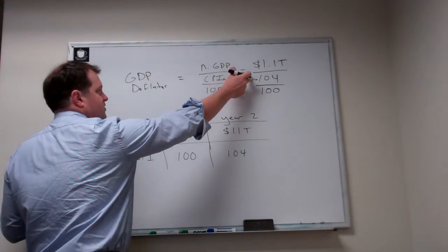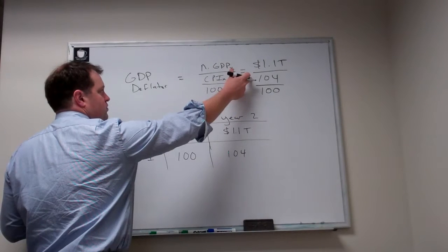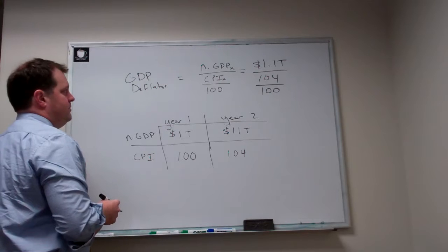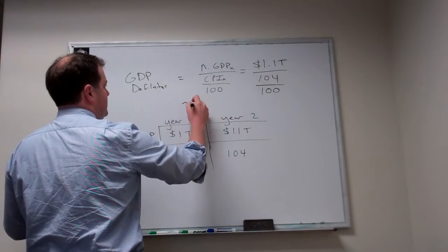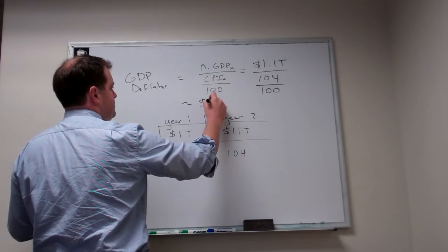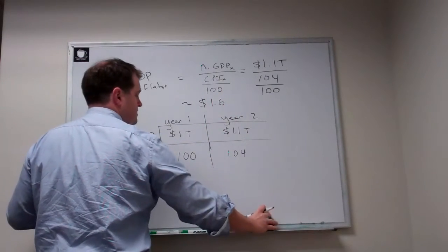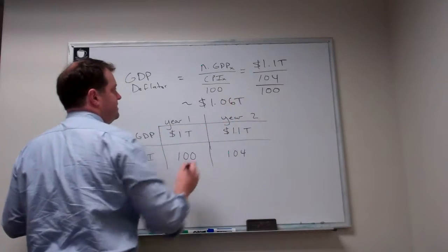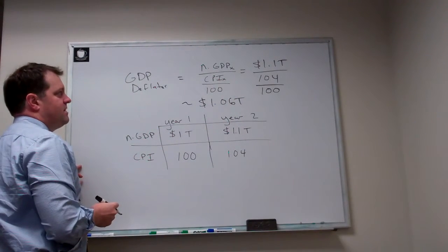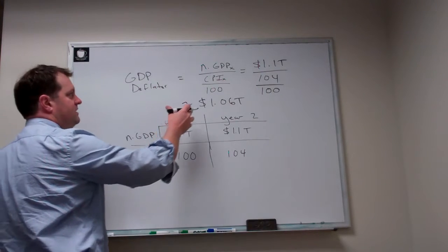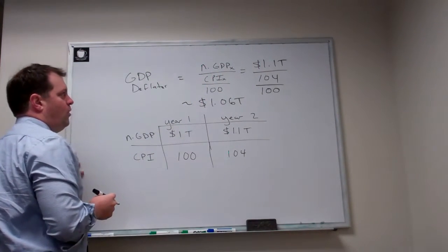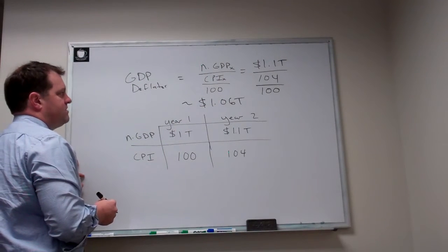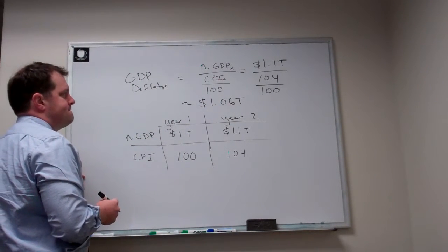So the CPI for year 2 is 104, and we're going to divide that by the base value. And when we do this, we get an approximate real GDP for year 2 of 1.06 trillion. I would go ahead and make sure that you can get that value. Get your calculator out and divide 1.1 trillion by 1.04. You'll come up with a value of approximately 1.06 trillion.